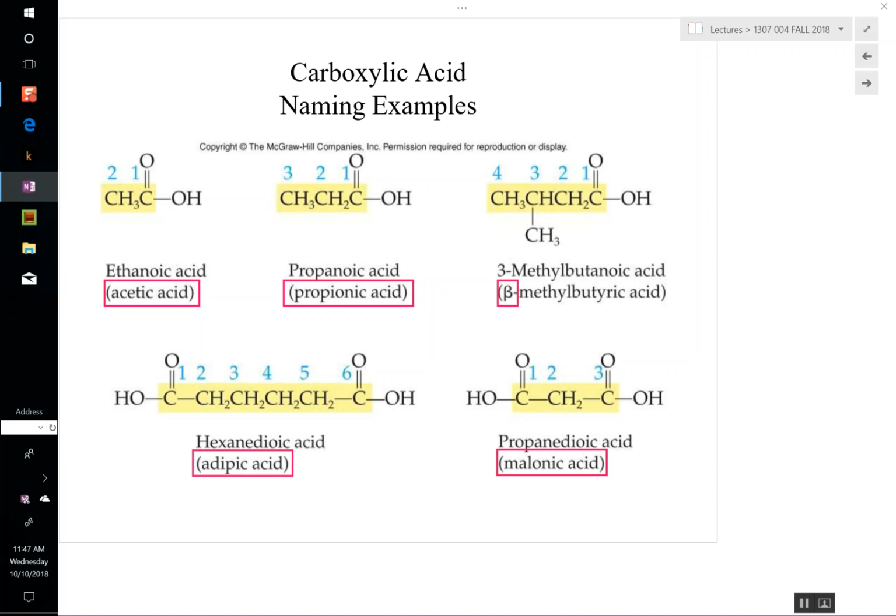And that's your adipic acid. You don't need to know these. We'll have a slide later, I think, that shows you these Greek letters and how they're used. I won't dwell on it right now. There's propanedioic or malonic acid. So a bunch of these are naturally occurring carboxylic acids.